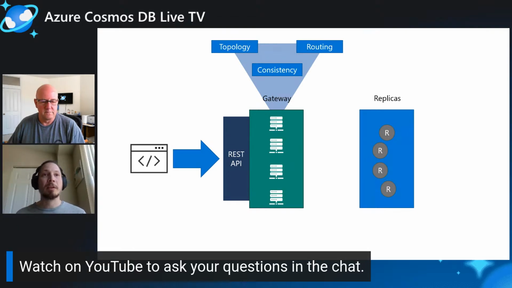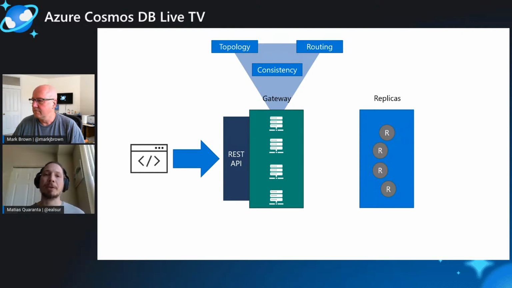The gateway is a set of machines in each region that handles all the HTTP requests that hit the service and provides information, for example, the account information like the consistency, the topology, which partitions are available, information about the collection, and information about routing that we'll see in a little while. It gives you all what we call the metadata about the account.